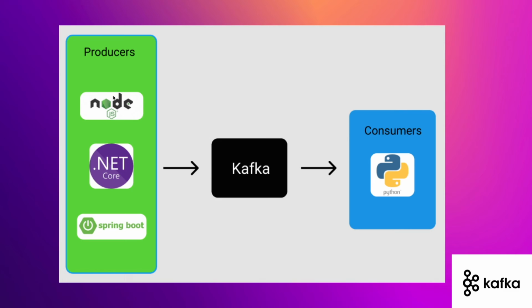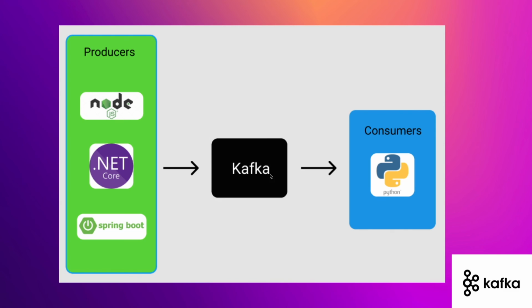You could have a producer in Node.js, in Java Spring Boot, or in C# .NET Core, and these producers will send information to Kafka, and then Kafka will arrange it in a few different ways. You'll have brokers, topics, and partitions. We're going to get into more details about these in the next video.